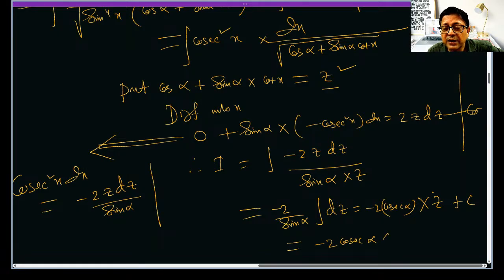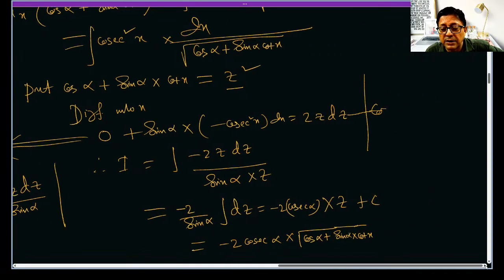So minus 2 cosec alpha into z, where z is under root cos alpha plus sin alpha cot x, this plus c. Clear? Understood?